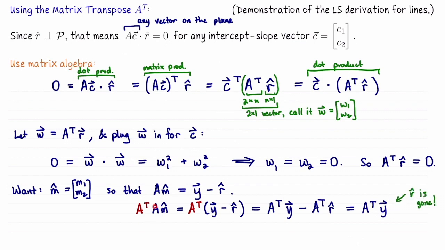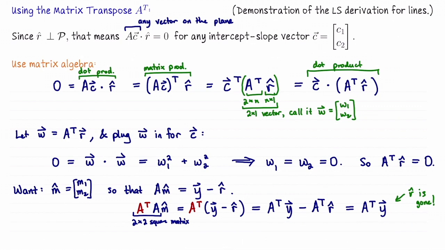Go ahead and compute the dimensions of A transpose A. So what kind of matrix is that? Well, A transpose is 2 by n. A is n by 2, so overall this is a 2 by 2 square matrix. This square matrix that we're looking at now could be invertible, and in most cases it will be.